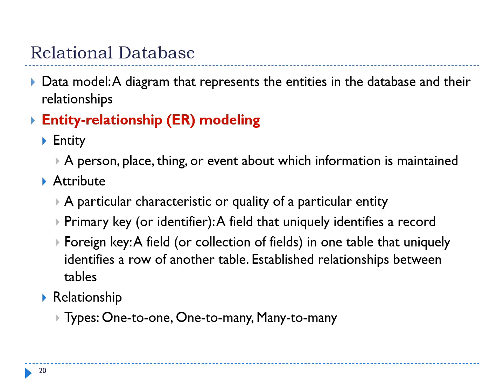In the next few slides, I will talk about data models, and especially entity relationship, or ER, modeling. A data model is a diagram that represents the entities in the database and their relationships.